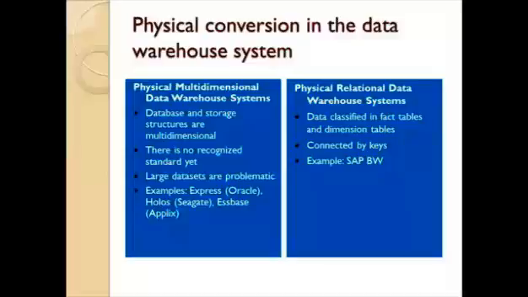A second approach is what they call ROLAP, using a relational database as the underlying structure, so relational data warehouse systems. Data is classified into fact tables as well as dimension tables, as we have explained, and they are connected by keys. In BW's example, SIDs are used to connect all the various tables.